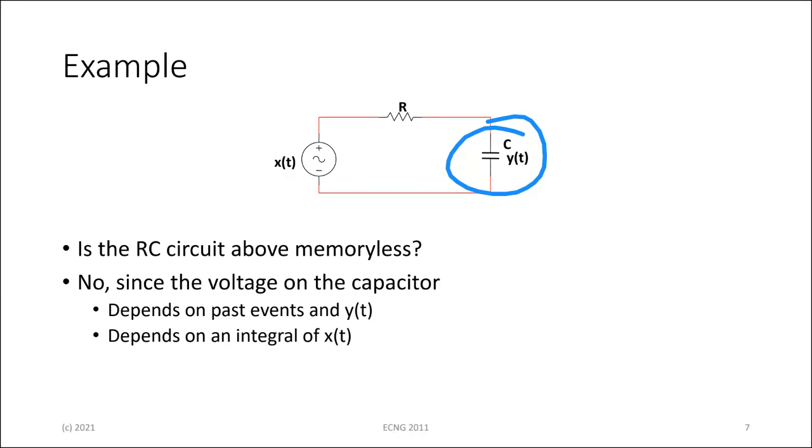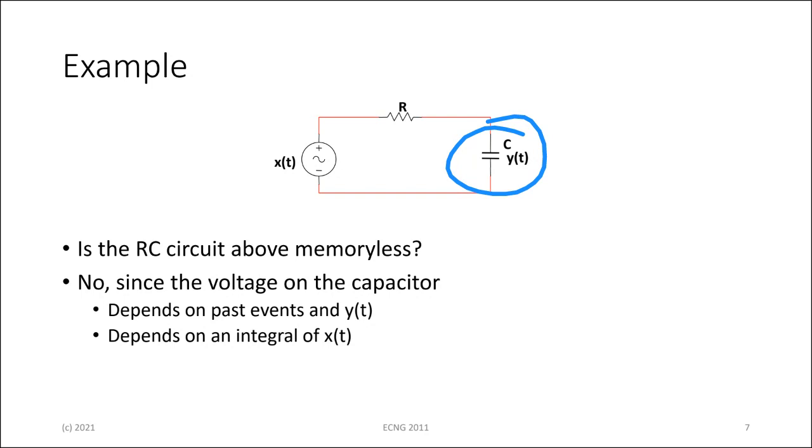It stores values, and the voltage on the capacitor depends on past events. Was it being charged, was it being discharged, and so on. And notice the voltage on the capacitor depends on an integral. Remember, an integral is shorthand for a summation over time. So it depends on past values.